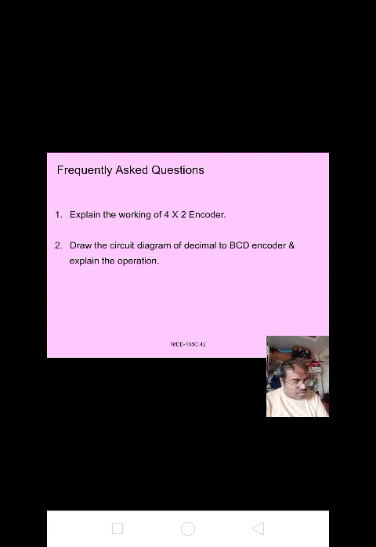BCD bits are: for 0, 0 0 0 0, for 1, 0 0 0 1, for 2, 0 0 1 0, for 3, 0 0 1 1, for 4, 0 1 0 0, for 5, 0 1 0 1, for 6, 0 1 1 0, for 7, 0 1 1 1, for 8, 1 0 0 0, for 9, 1 0 0 1.